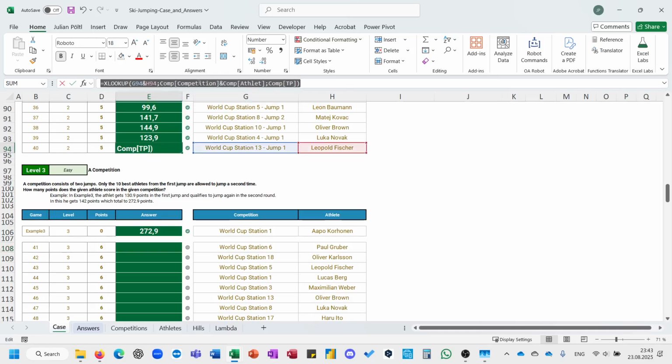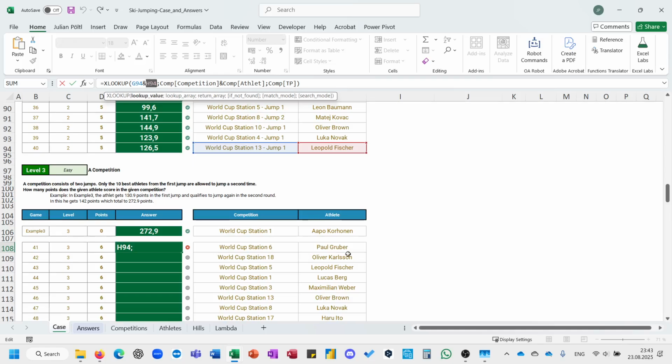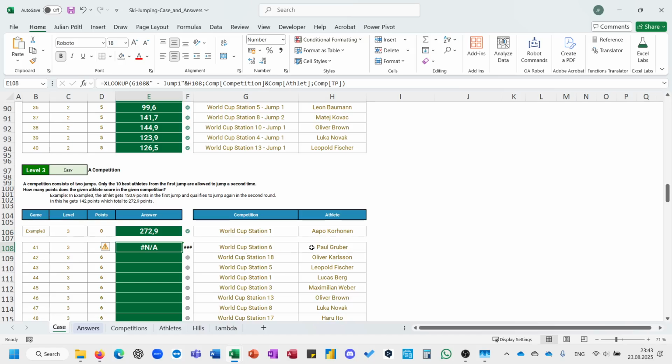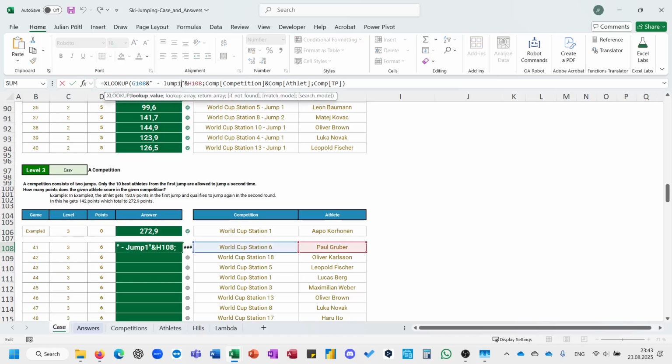And here we can do something like let's look up of this, but instead of working with this here, I take this and space minus jump 1 and doing this then based on this, but seems to be not the best method.